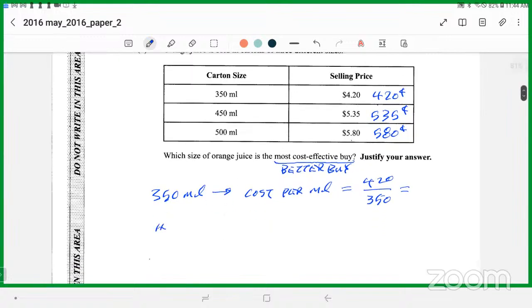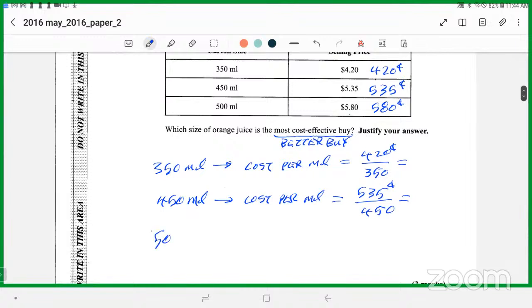For the 450 milliliters, the cost per milliliter is the 535 cents on top of the volume of 450. And for the 500 ml, I'm going to put the money on top again. Cost per ml would be 580 divided by 500. So in this method, we want to see which one is paying less for 1 ml.